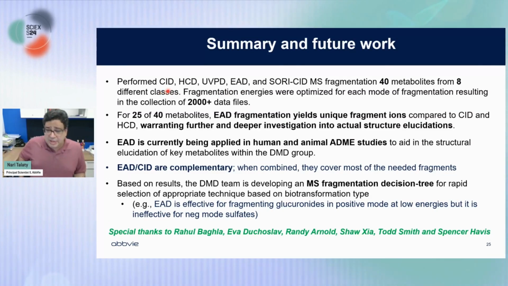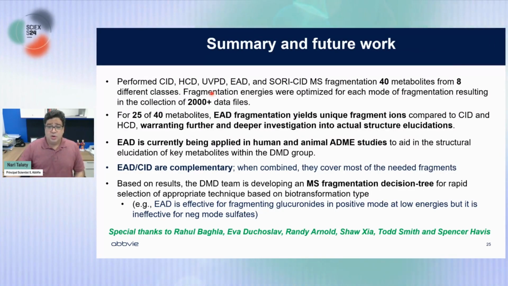So I want to take a minute on this slide because I do want to get my point across here. We have performed CID, HCD, UVPD, EAD, and SORI on 40 different metabolites from 8 different classes. We optimized different fragmentation energies, so for each one we did a range.